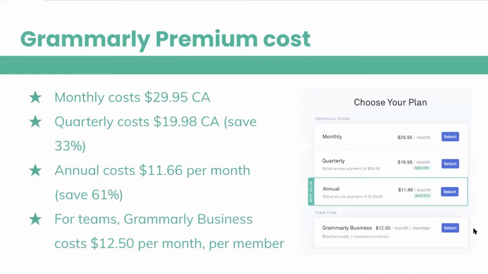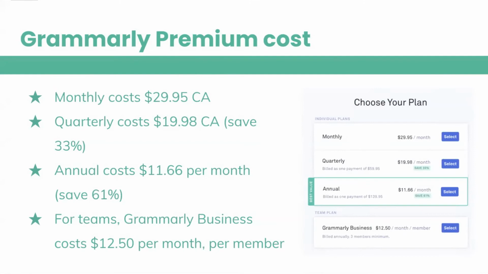Now, there are a few different costs that you can consider with Grammarly Premium. For example, the monthly cost is $29.95 Canadian dollars, though if you get it at a discounted rate, such as a quarterly cost of $19.98 Canadian dollars, which saves you 33%, or an annual cost of $11.66 per month, which saves you 61%.